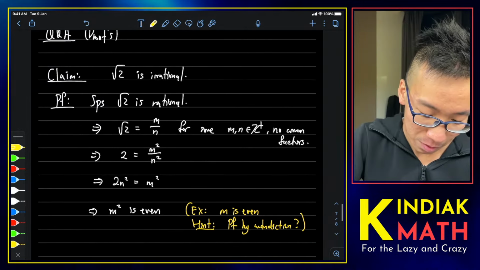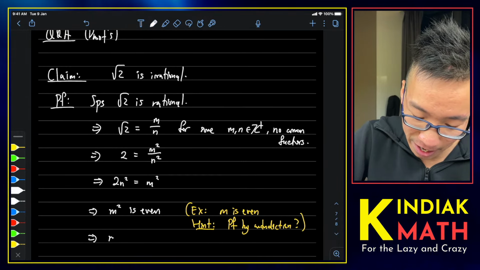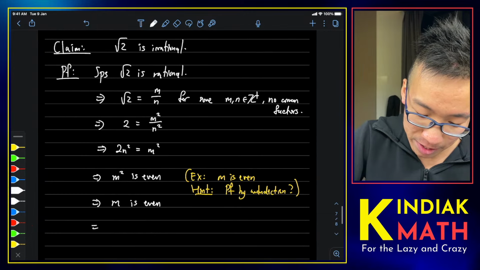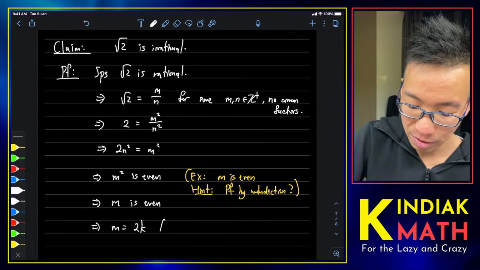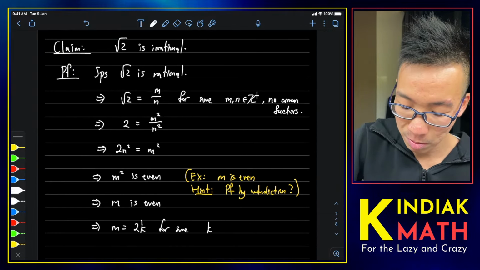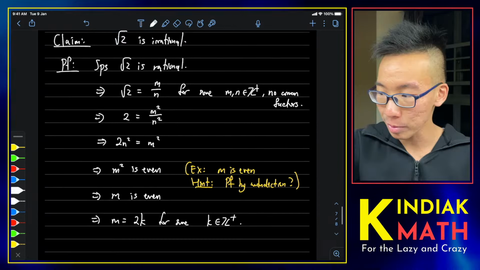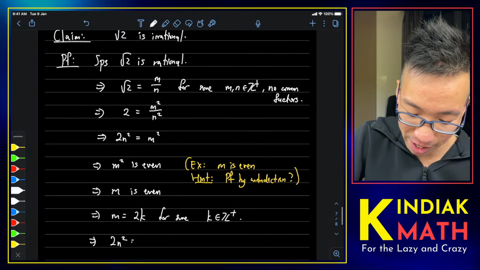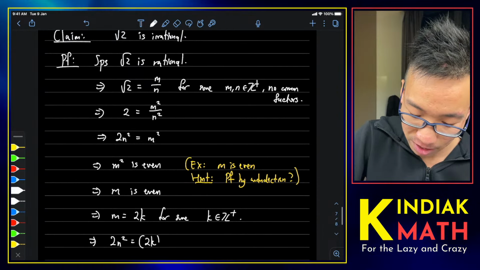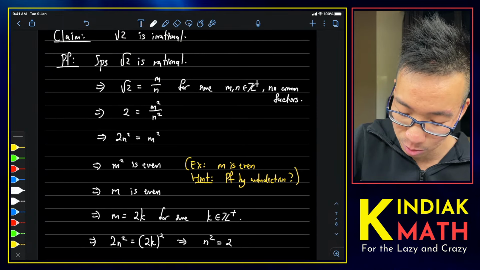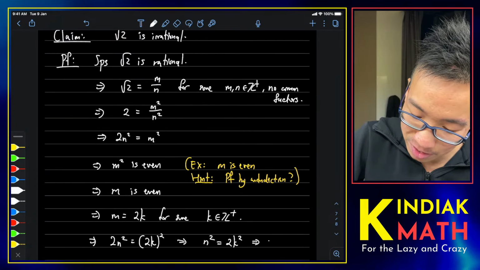Okay, so by this exercise, we can say that m is even, which means that m equals 2k for some non-negative integer k. This means we can rewrite this, which tells us that n squared equals 2k squared, which similarly tells us that n is even.